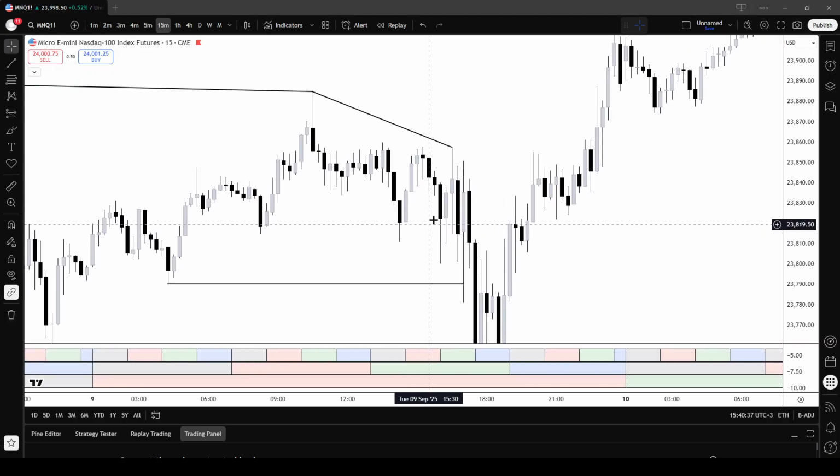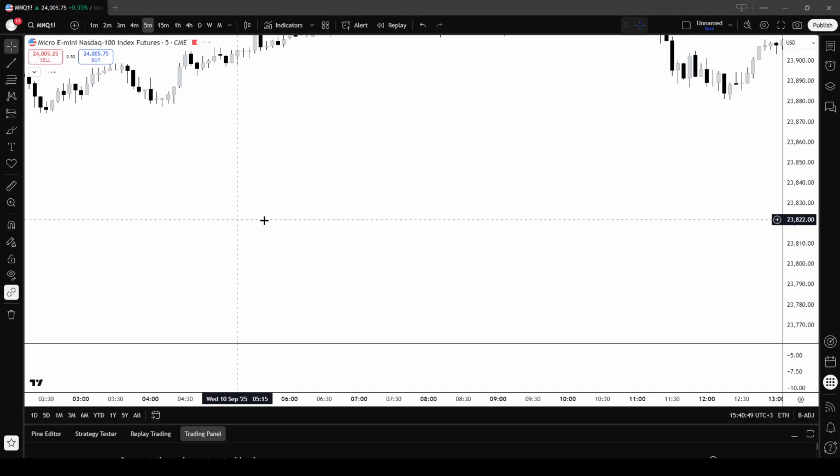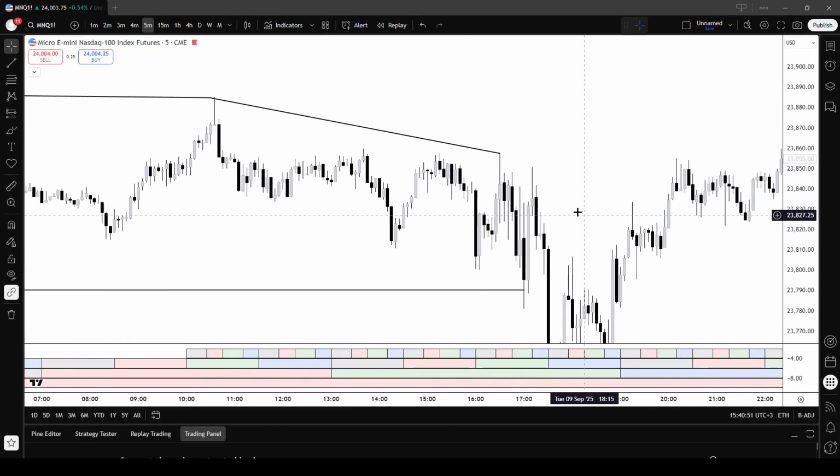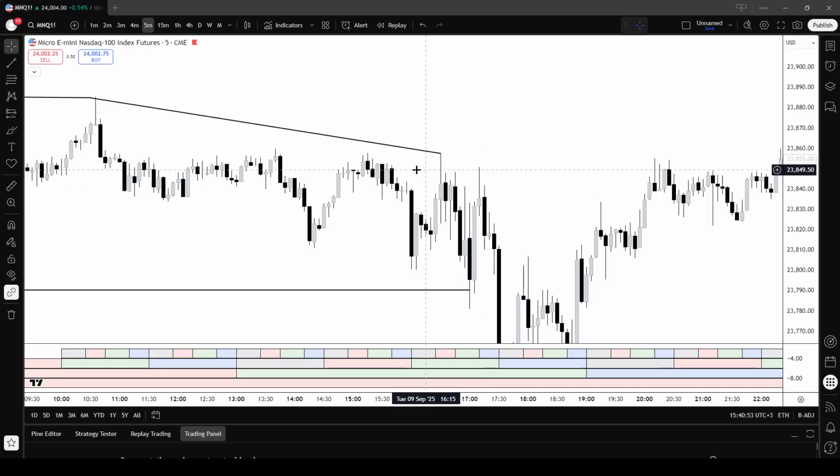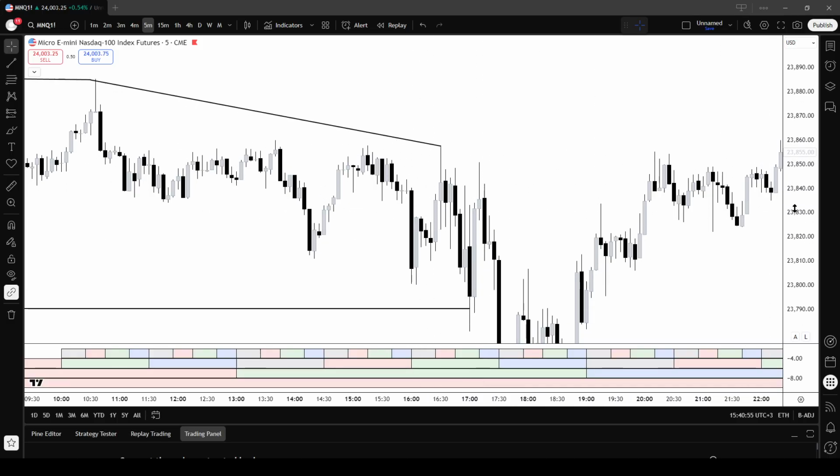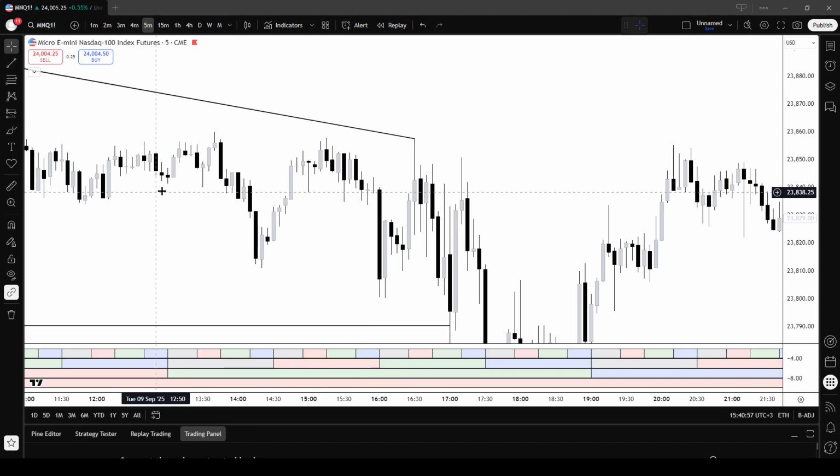Okay, let's see. Now we have New York Open. I usually wait for the New York Open to act so I can see where my entry should be. Next I go into the 5-minute and look for gaps to short off of.